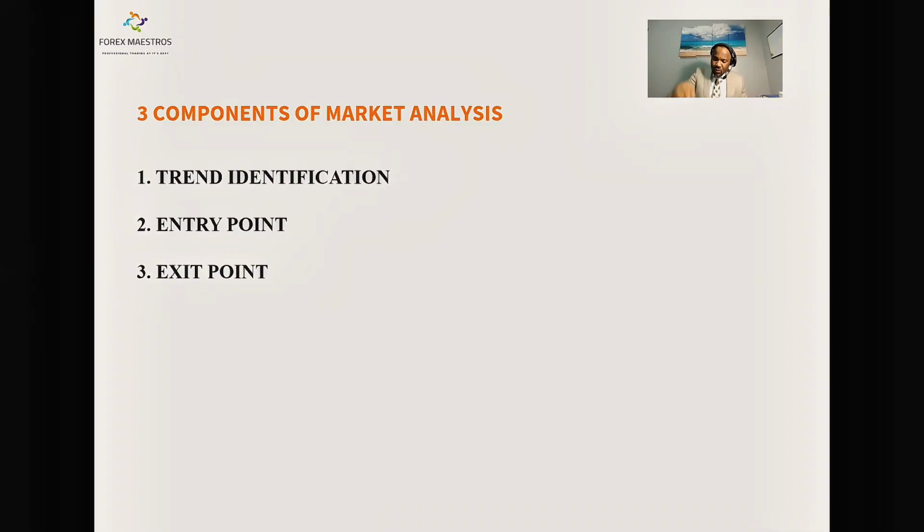You must know these three things before you place the trade. I'm telling you, you must know the three things before you even place a buy or sell. So you must know the direction of the asset, you must know the entry point, and then you must know your exit point before you even place a trade.